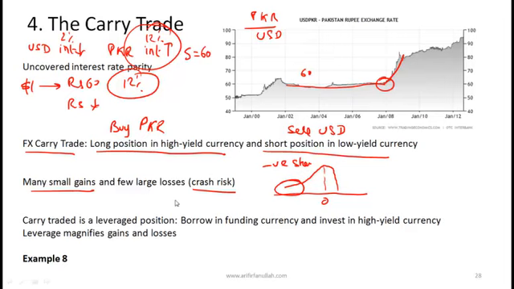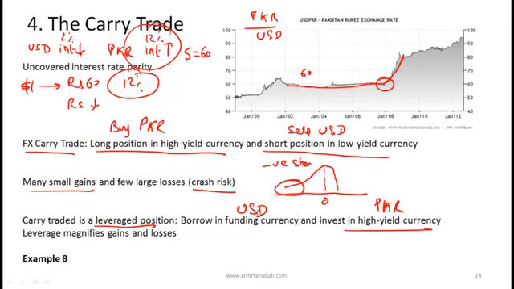Another core point about the carry trade is that it is essentially a leveraged position, where you borrow in the funding currency, which in my example is the US dollar, and you invest in the high yield currency, which in my example is the PKR. Now, whenever you take a leveraged position, this will magnify the gains and losses.